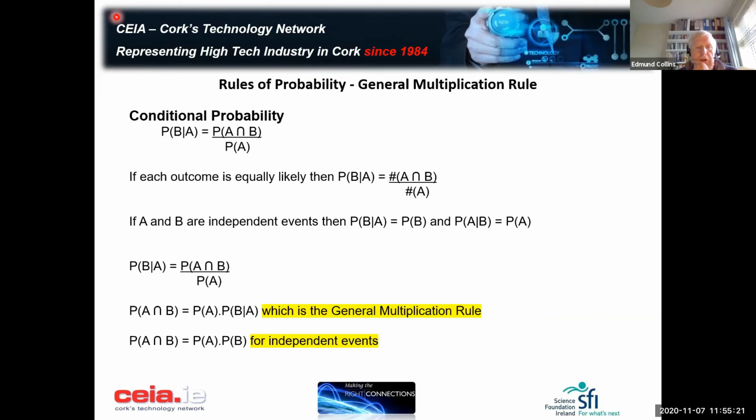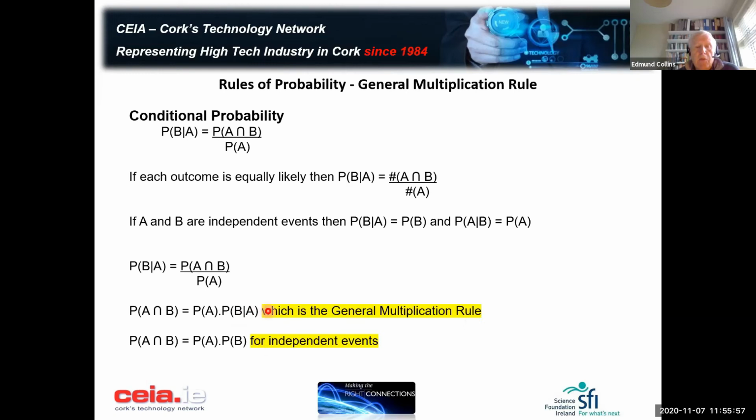So again, just writing down the conditional probability here, we can multiply across by the probability of A and switch the equation. So we end up here with the probability of A and B equals the probability of A multiplied by the probability of B dependent on A, which is the general multiplication rule.